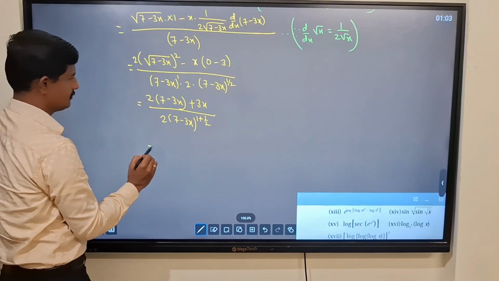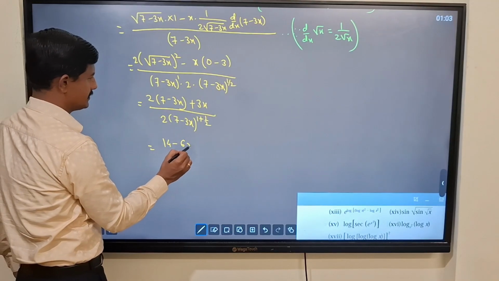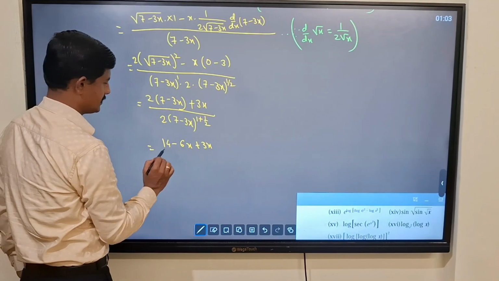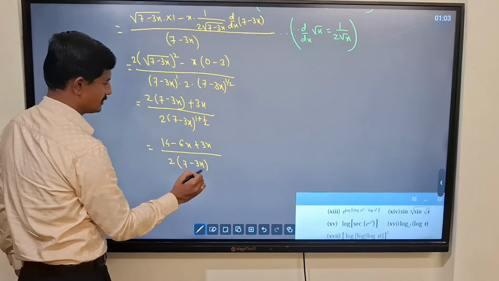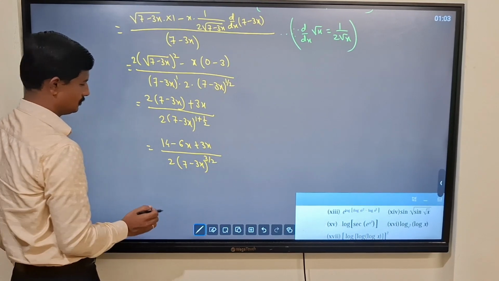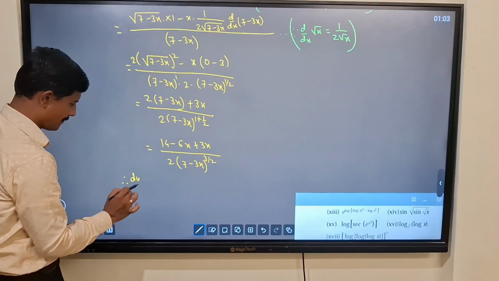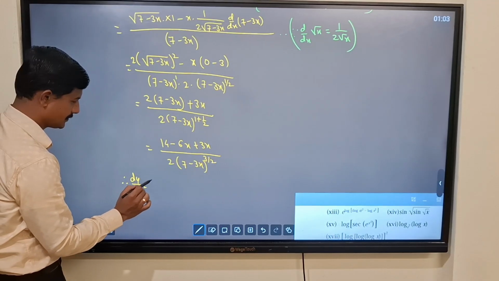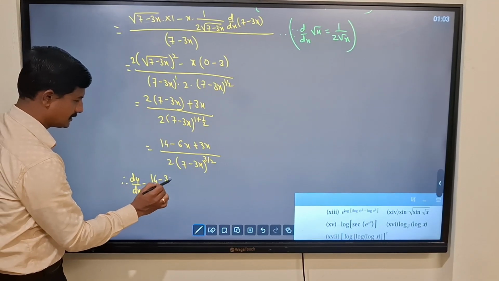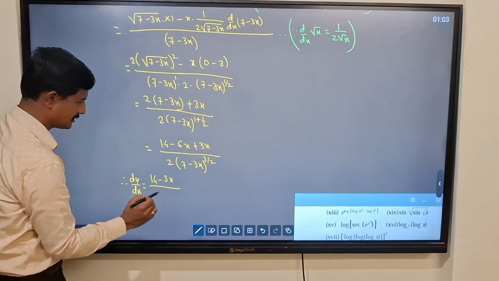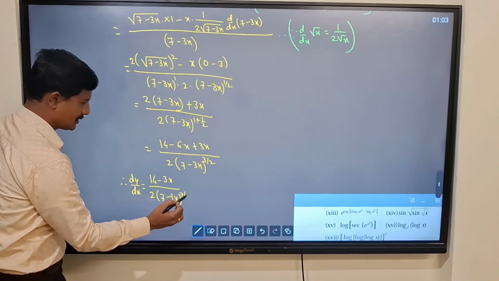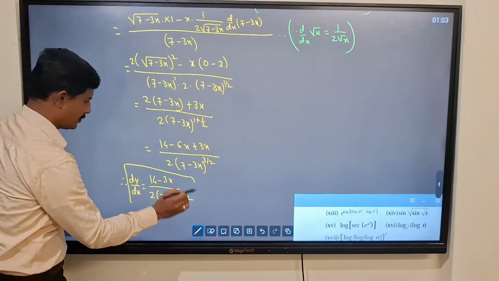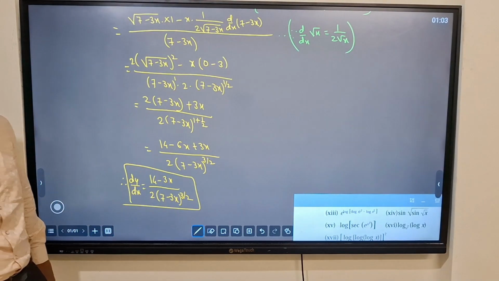Now this will become 14 minus 6x plus 3x upon 2 in bracket 7 minus 3x raised to 3 by 2. Therefore, dy by dx becomes 14 minus 6x plus 3x, that is 14 minus 3x, upon 2 into 7 minus 3x raised to 3 by 2. This is your answer.